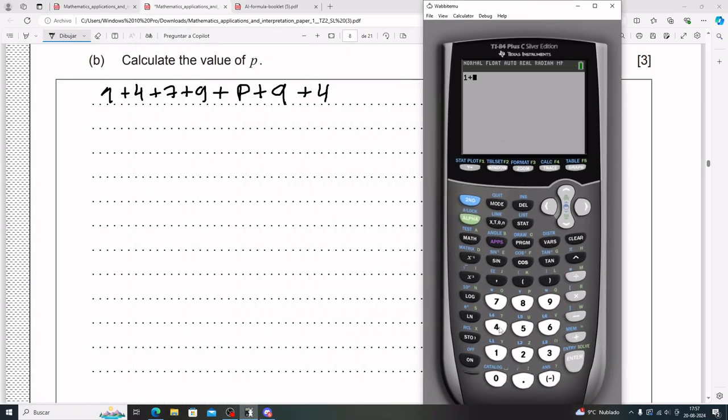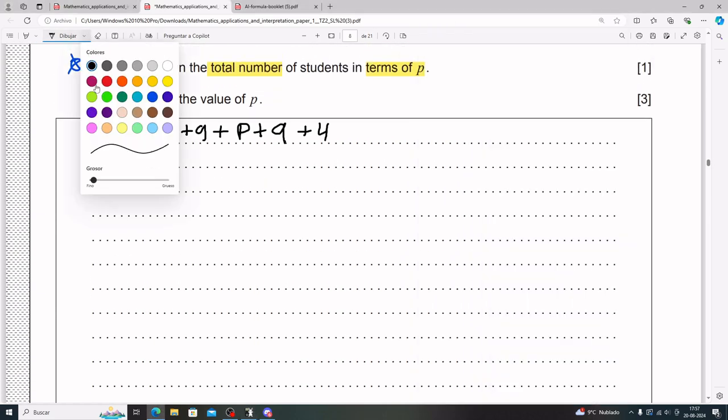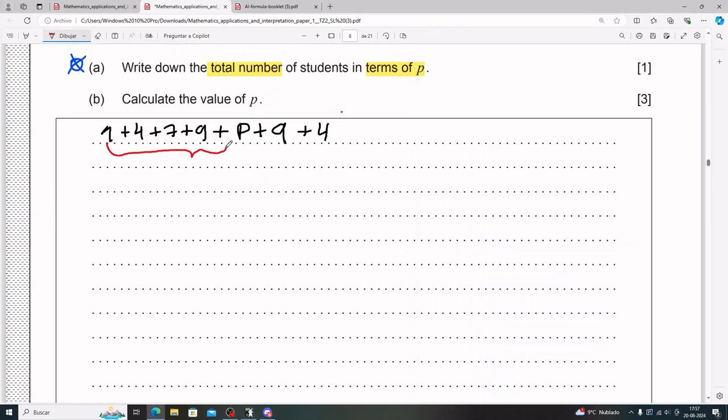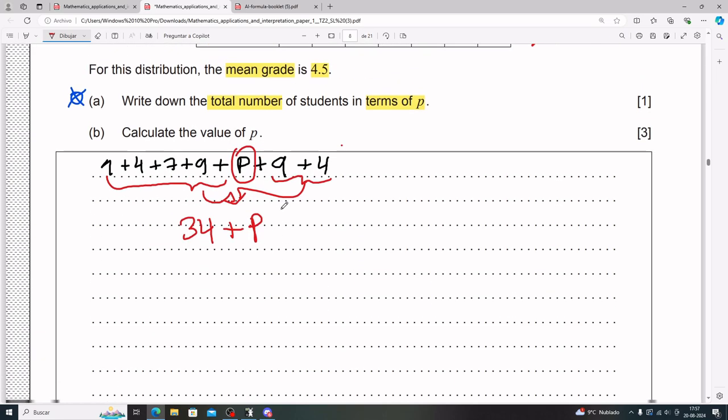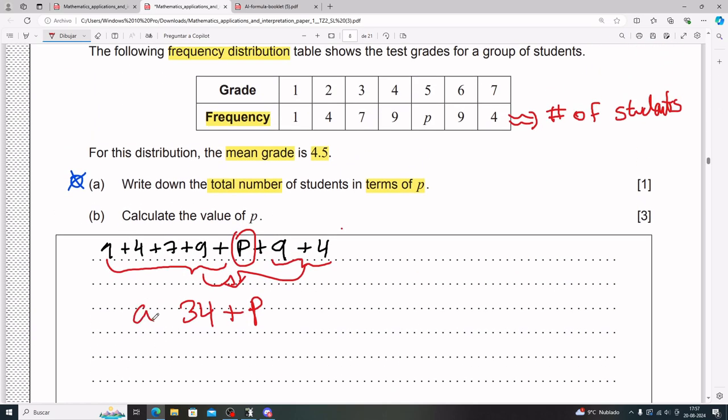You do 1 plus 4 plus 7 plus 9 plus 9 plus 4. So here I added everything except for the P. So all of this combined together is going to give you 34 plus P. Okay, notice how I didn't add P onto my calculator because I can't. For part A, the total number of students in terms of P is 34 plus P.